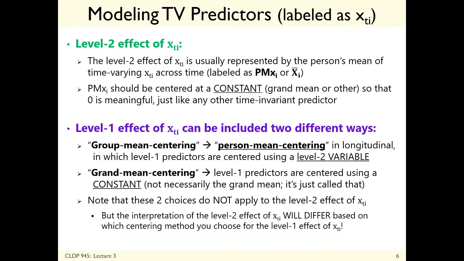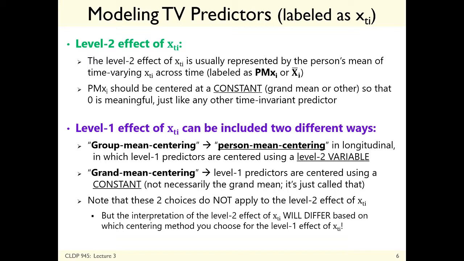You would then center that person mean at a constant so that 0 means something, and that new person mean predictor goes into your level 2 model. What happens at level 1 is where the confusion arises. There are two main ways of putting in a level 1 predictor. These are known generally as either group mean centering or grand mean centering, because these came out of the clustered data literature.